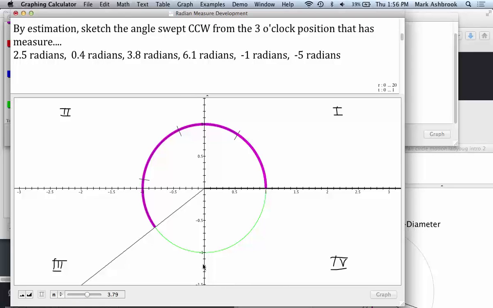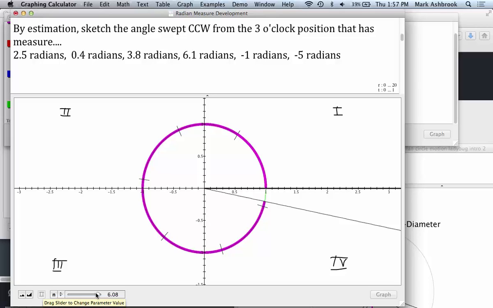So which quadrant, and about where will the terminal side be? 6.1 radians? Quadrant 4. And towards the bottom, the middle, or up here? Top. So here's the whole circle. So here's 6. Yeah. So 6.1, that's the closest I can get. So that's 6.1, a little bit more than 6 radius lengths cut off by the rays.